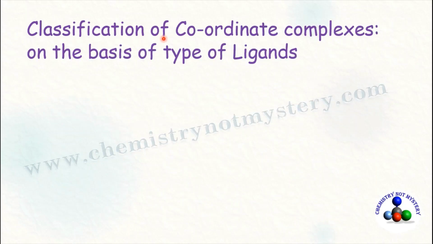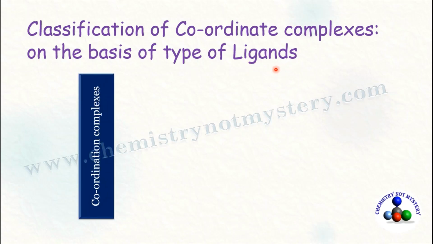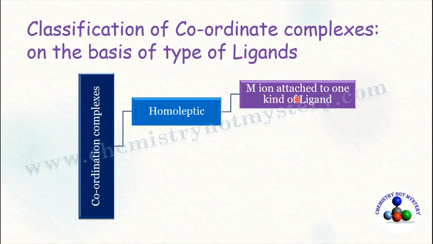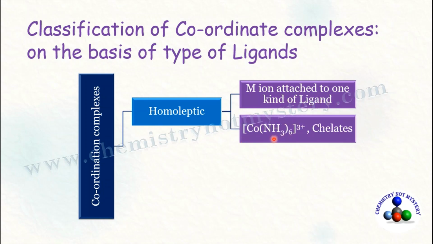Now come to the classification of coordination complexes on the basis of type of ligands. It can be a homoleptic complex, in which the metal ion is bonded to only one kind of ligand. For example, in this molecule, cobalt is bonded to 6 ammonia ligands. As there is only one kind of ligand, this complex is classified as homoleptic.